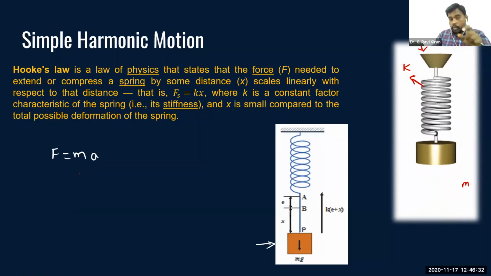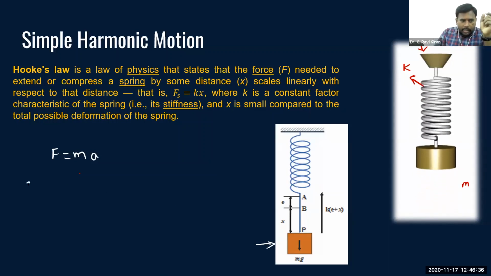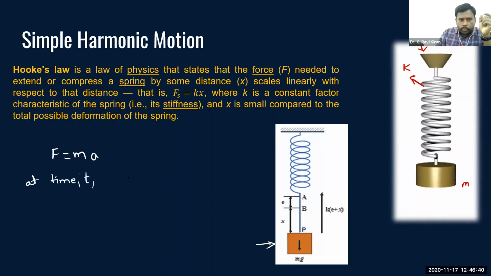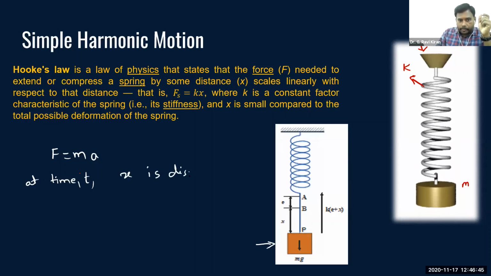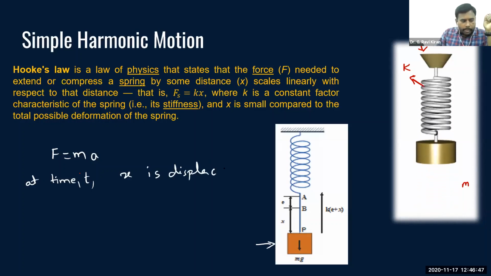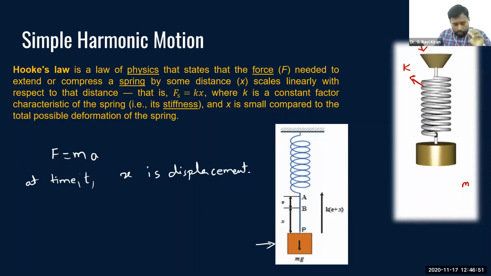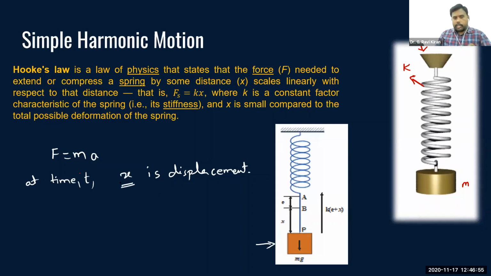In fact, you are about to find that displacement only, right? At any instant of time t, let us assume x is the displacement in the spring. At any particular instant of time, x is the displacement. We are trying to find out this displacement.